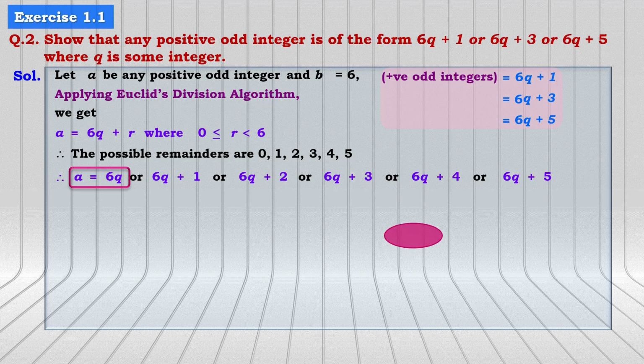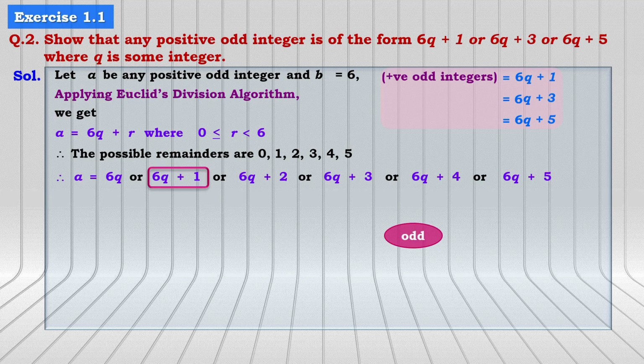Now a equal to 6q. 6 is an even number because it is divisible by 2. Whenever we multiply 6 with q, that is always going to be even. Even if we multiply a number with an even number, it is always even. So a equal to 6q is even.